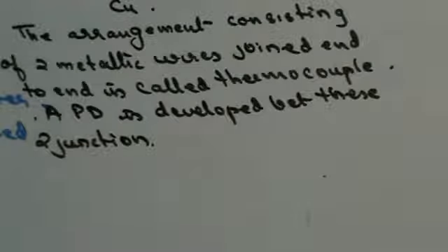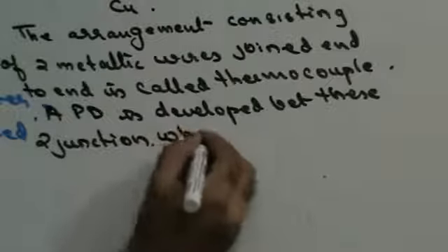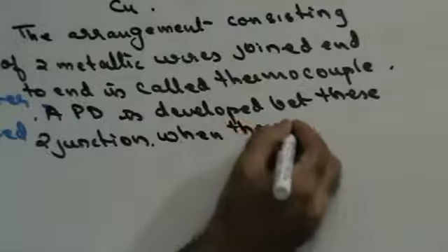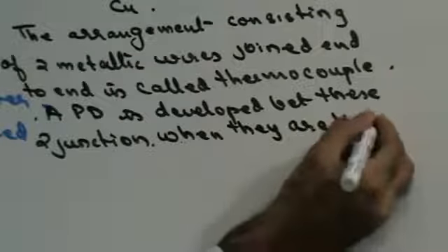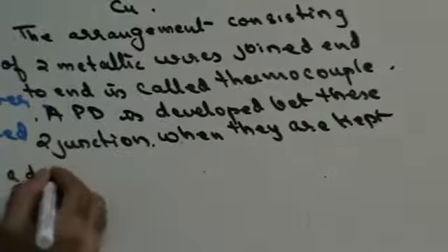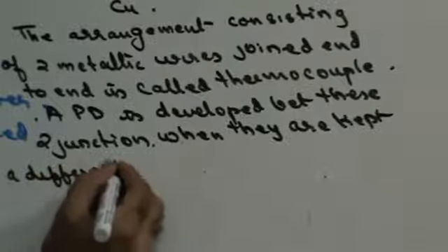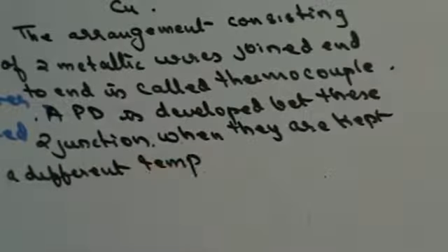A potential difference is developed between these two junctions when they are kept at different temperatures.